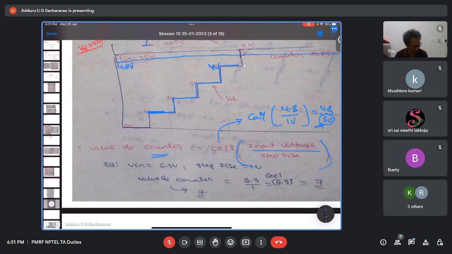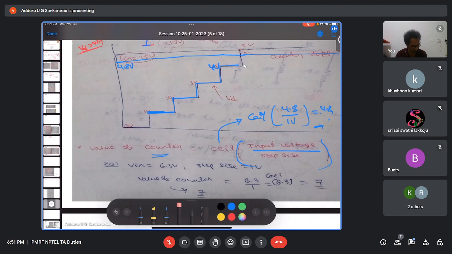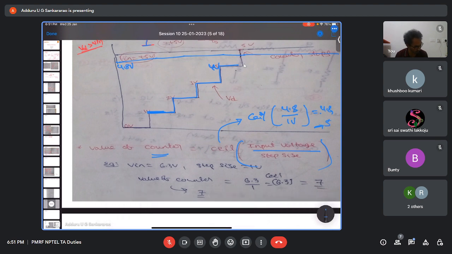That means 5 is the value of the counter. What is the output of the DAC now? That 5 we express as 0 1 0 1. Okay, if it is 6.3 input, so 6.3 by 1 is 6.3. Ceiling is what? 7. 7 is the value of the counter in decimal. If you express it, the output is 0 1 1 1 if it is a 4-bit counter. Okay, you got it, right?